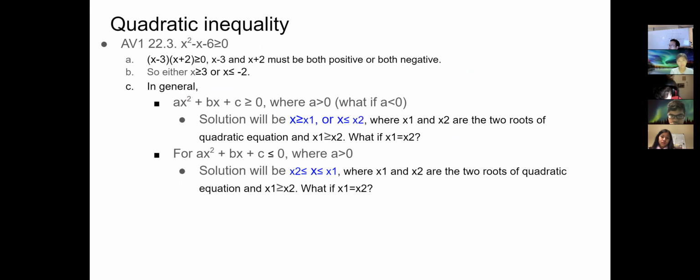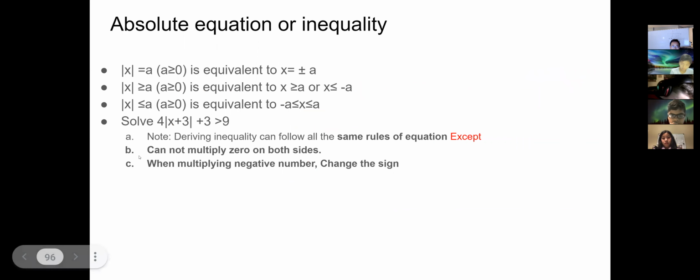All right, so this is a rule. Solving an inequality follows all the same rules as an equation. You can multiply, add, subtract, and do all the operations you want, except we cannot multiply by 0 on both sides.